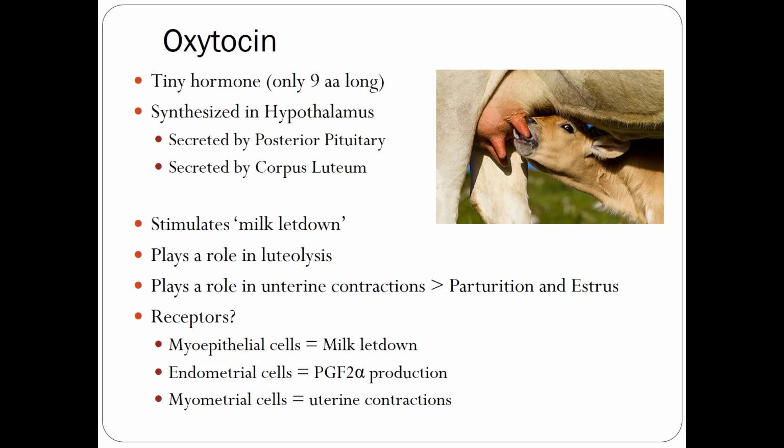If it's trying to stimulate production of prostaglandin F2 alpha, then it is going to bind to endometrial cells in the uterus. And if it's trying to start uterine contractions, like in a parturition process, then it's going to bind to myometrial cells in the uterus. So oxytocin is a really, really diverse hormone.